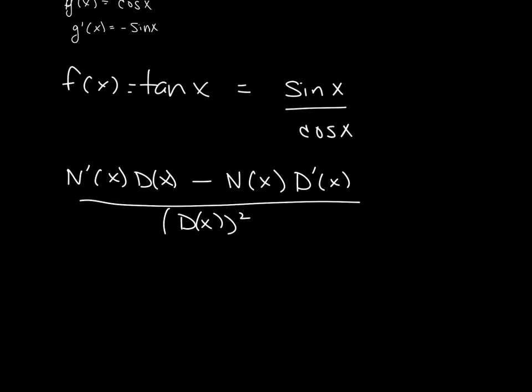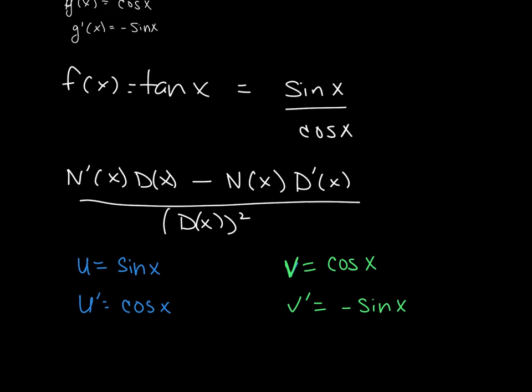So in this case, remember, u is the sine of x. The derivative of u is the cosine of x. That's the numerator. The other notation that we use is v. And v is cosine of x, the denominator. The derivative of the cosine is minus the sine of x.